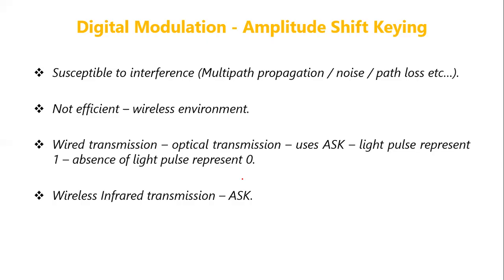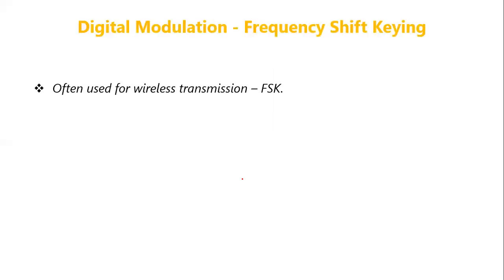Right? So the next type of digital modulation technique that we'll be discussing is frequency shift keying. With frequency shift keying, here also we want to transmit the digital signal 0 and 1.